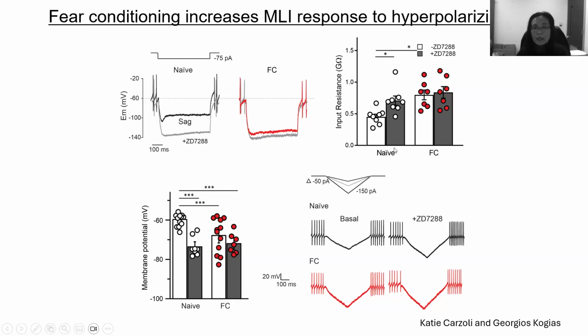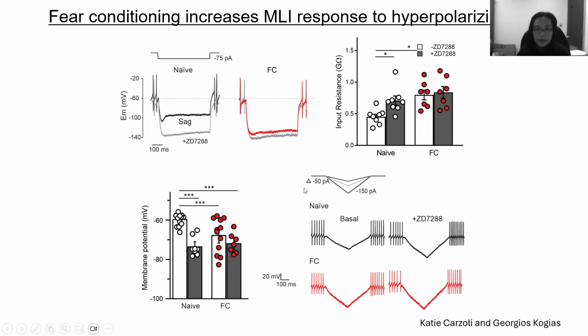And second, in the naive animal, inhibition of IH also increases the input resistance. So an increased input resistance suggests the neurons are now more responsive to synaptic input.